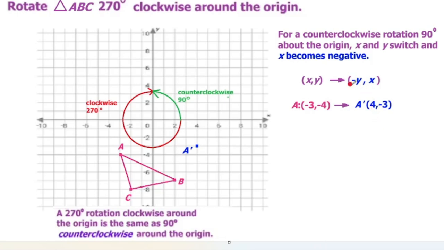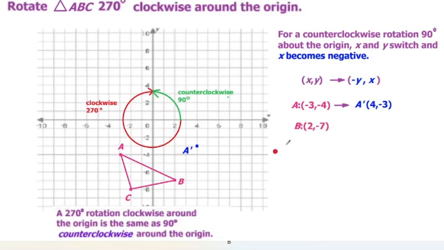But then we have to apply a negative to -4. So a negative times a negative becomes positive. Okay? So 4, -3 is what we end up with. And here's our A prime point. So we've rotated this 90 degrees from here to here. Counterclockwise.